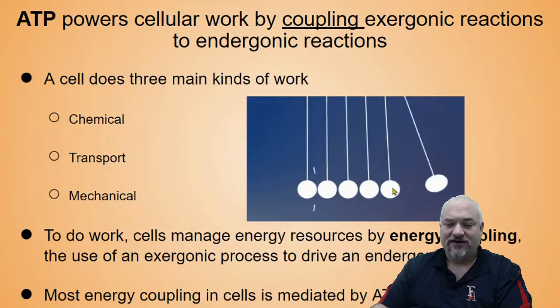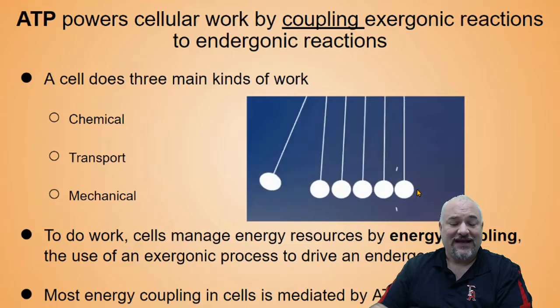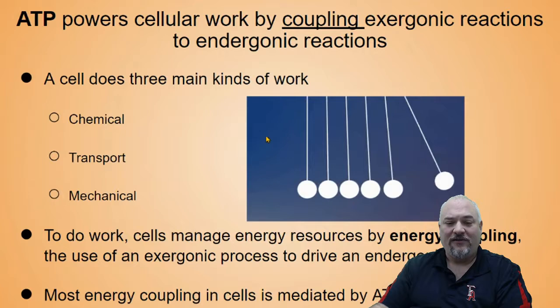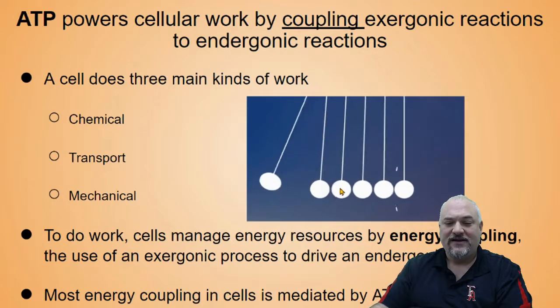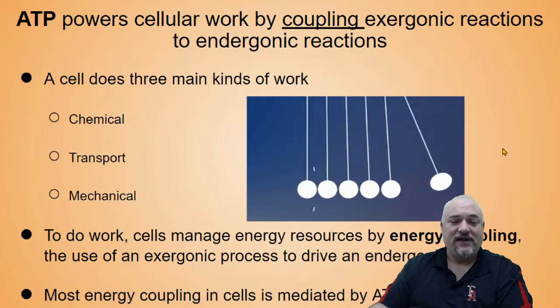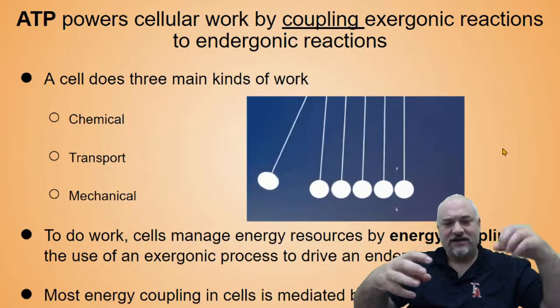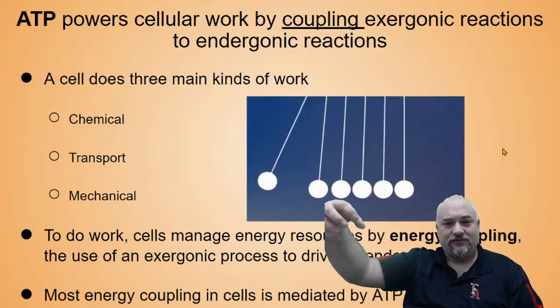And it transfers its energy at the end to this last ball, and that triggers an endergonic reaction, right? This takes energy to move this thing up. So this one falls down, releasing energy. These transfer the energy and push this one up. So this would be that exergonic transferring energy to an endergonic reaction.